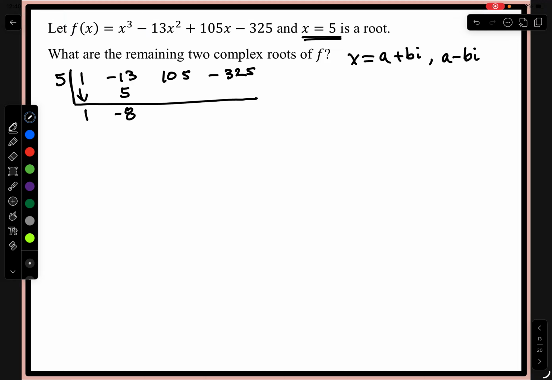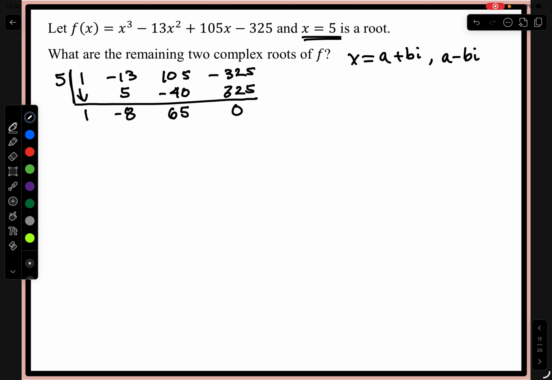Multiply that negative 8 with 5, that's negative 40. 105 plus negative 40 is positive 65. Multiplying that 65 with 5 gives positive 325, which added with the negative 325 gives us 0, like it's supposed to, because we know again that 5 is a solution.